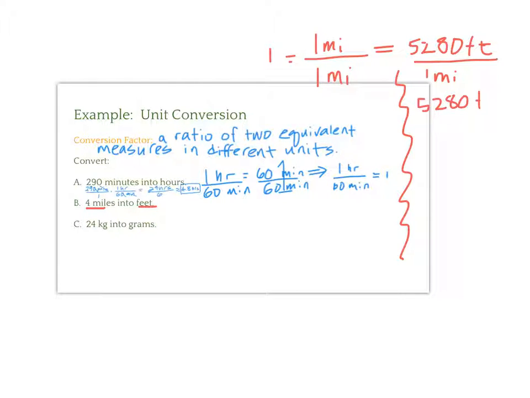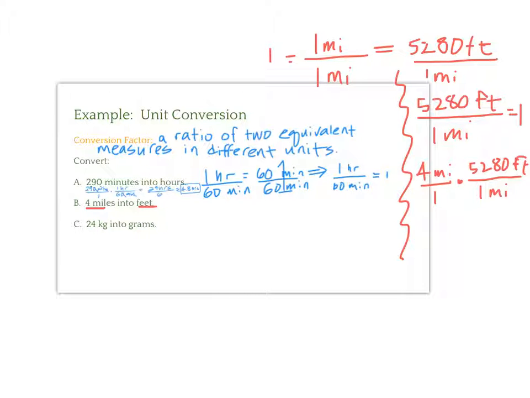5,280 feet over 1 mile, which is the same as 1. So that means I can multiply 4 miles, which is really over 1, times 5,280 feet over 1 mile.